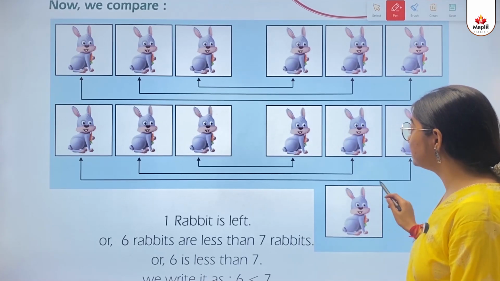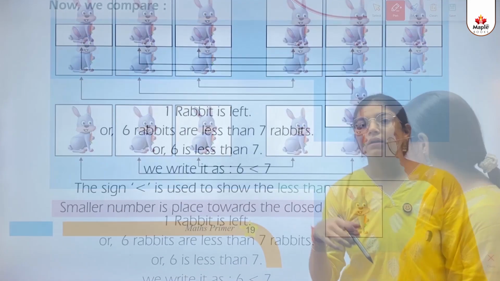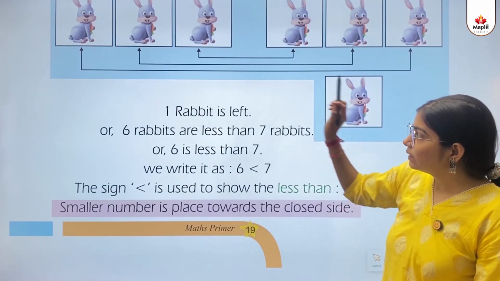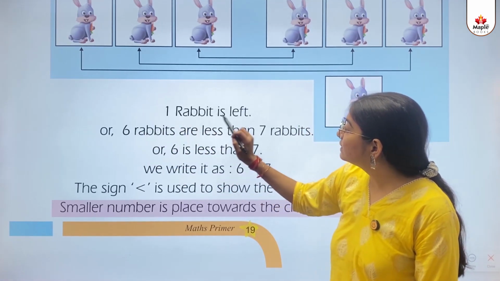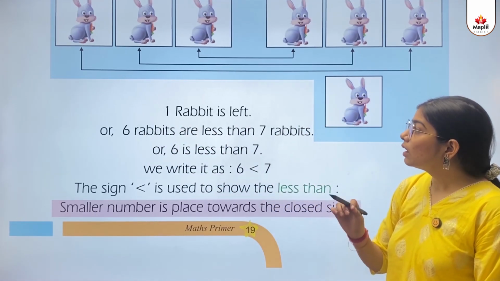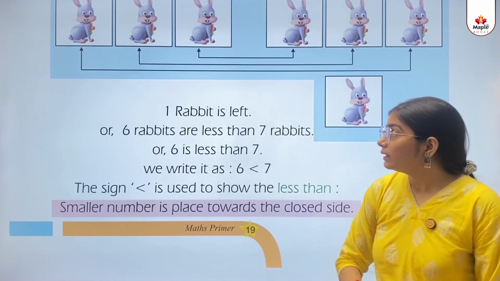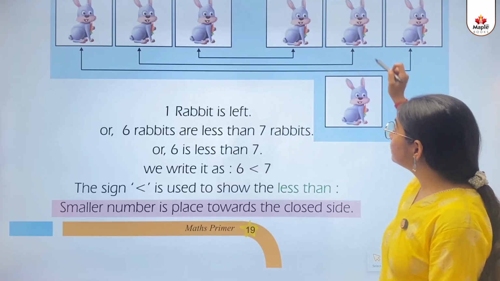Now, in the second side, there is 1 rabbit left, or 6 rabbits are less than 7 rabbits. Also, we can say that this side is less in quantity than this side.